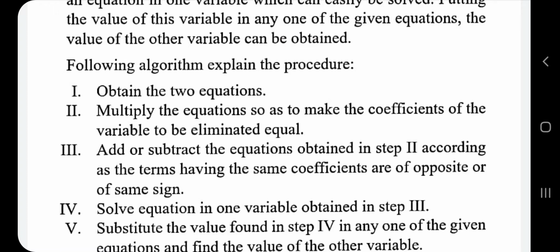It will be clear from one example, which we will take, but let's see the steps.